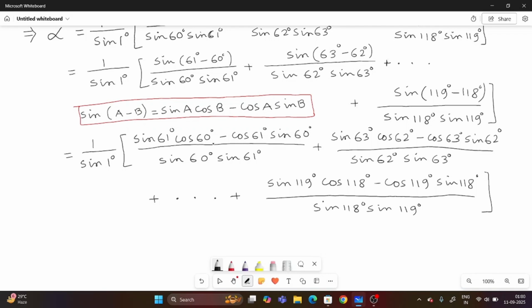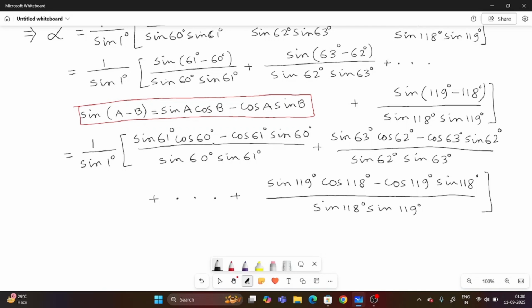Now we can separate the terms, that means numerator by denominator. So sin 61 into cos 60 divided by sin 60 into sin 61, minus cos 61 into sin 60 divided by sin 60 into sin 61.